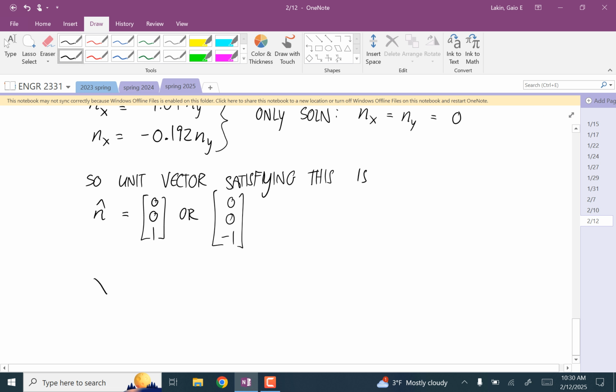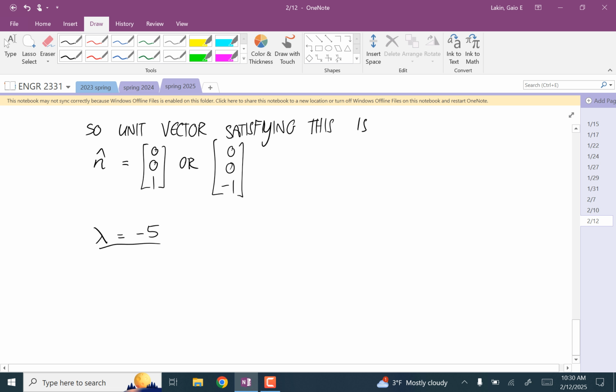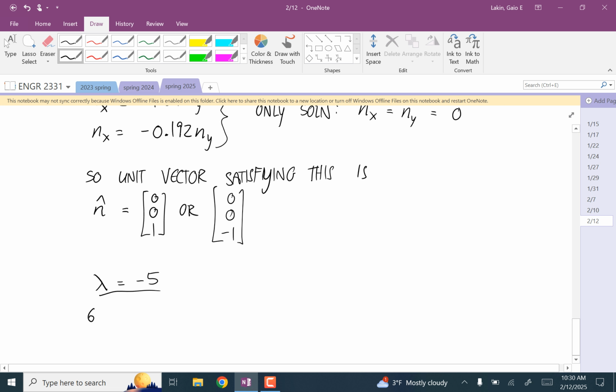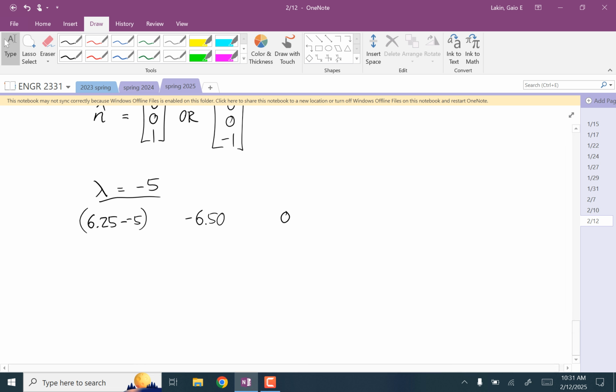So let's go to lambda is equal to -5. This time we have 6.25 minus -5, -6.50, 0, -6.50, -1.25 minus -5, 0, and then 0, 0, minus -5.